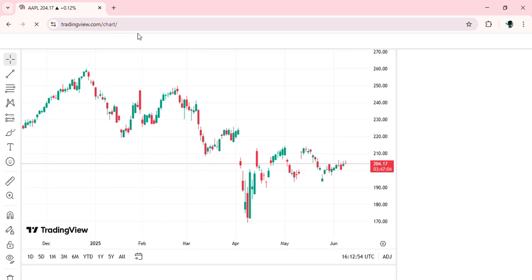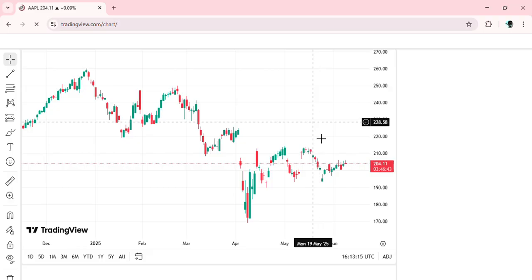This is on Apple stock. You can see how it is. You wait for this chart to load completely.